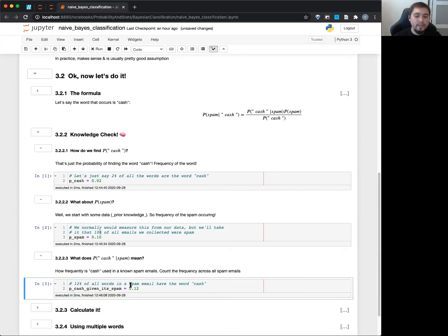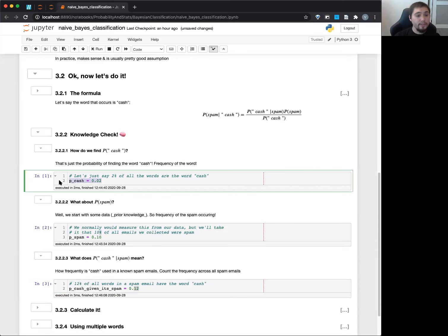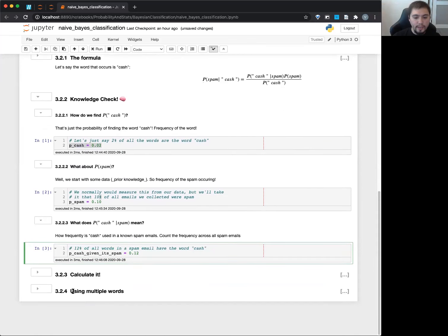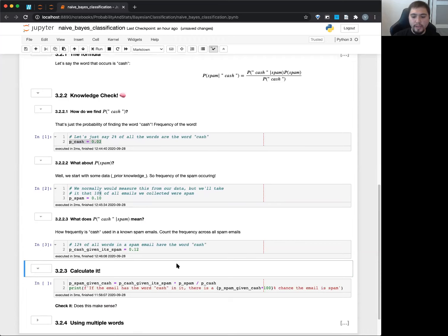You literally go into your spam emails and count how frequently those spam emails contain the word cache. Okay, cool. And that's part of the reason why we have to say the probability of it using the word cache across all emails, because we have to balance that out essentially, and that's where our likelihood comes in.